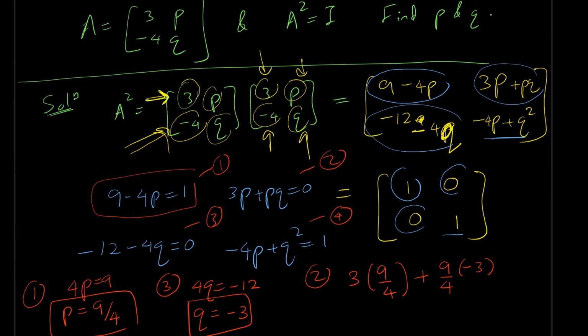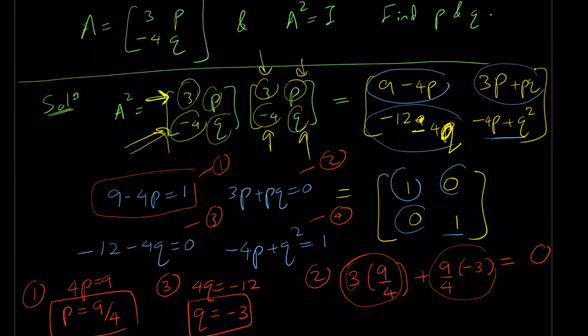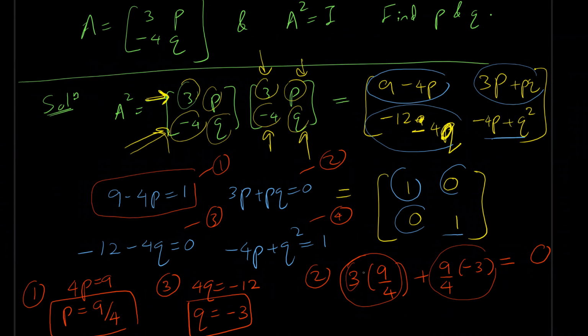Let's see whether this is 0. As you can see, this is positive part, this is negative, so it's 0. Can you see that? 3 of 9 over 4s here, negative 3 of 9 over 4, so that's 0. And number 4, let's check that as well.